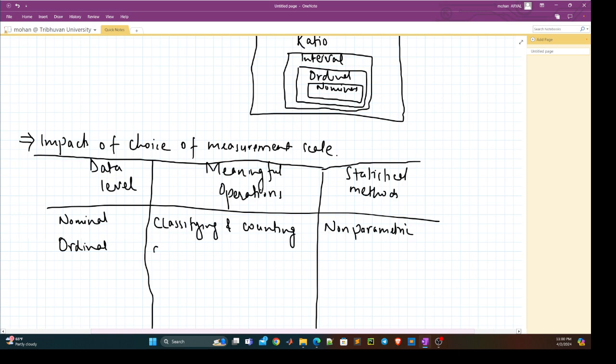The second one is ordinal. Ordinal means the above plus ranking, right? It can be used for counting also.